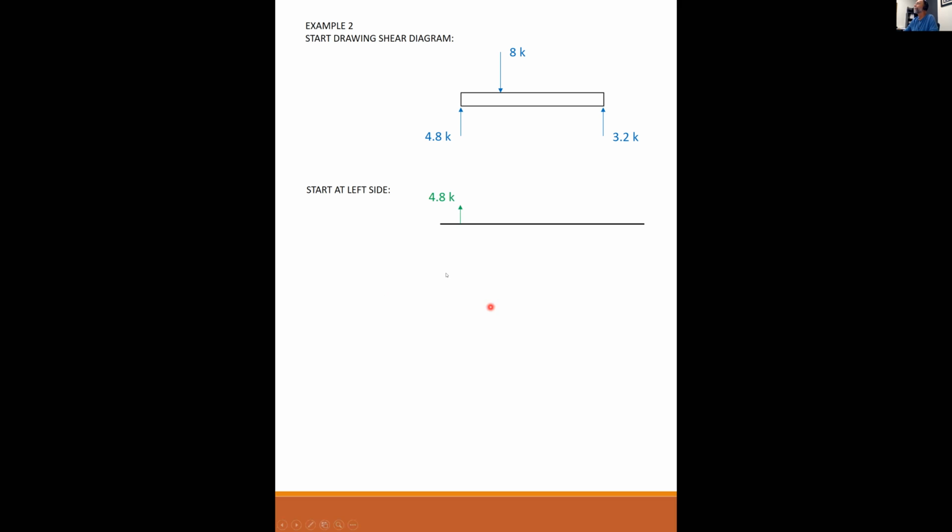Okay. Now, I know this gets repetitive, but the change in the shear diagram is equal to the area of the load diagram. So what is the area of the load diagram between these 2 points?